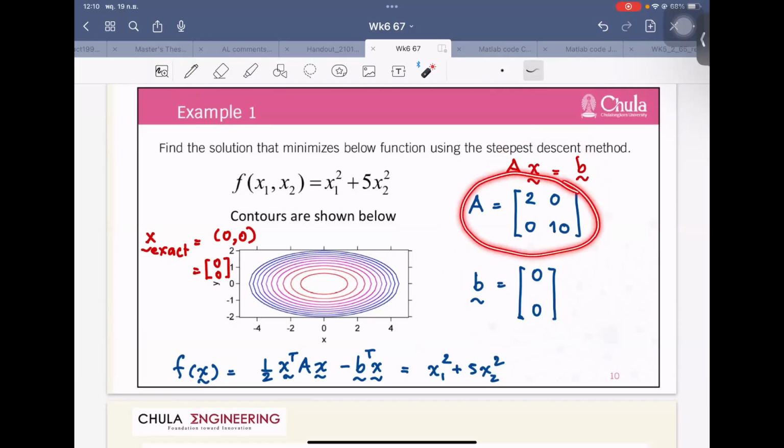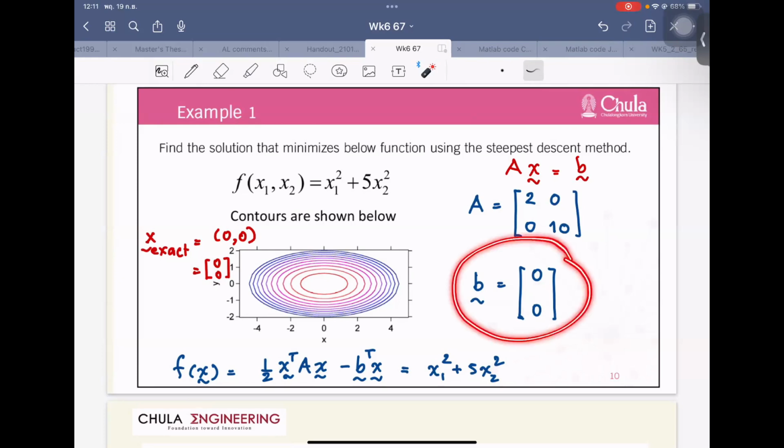Is the determinant of A 0 or not? Not 0, the determinant of A is 20. So our example here is a non-singular system, and we have the homogeneous system, so we know that the solution is the 0 vector.